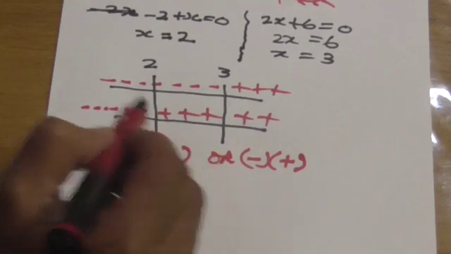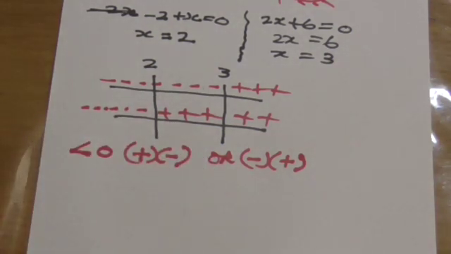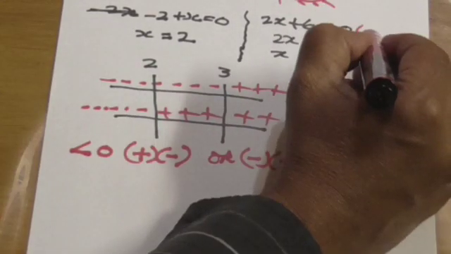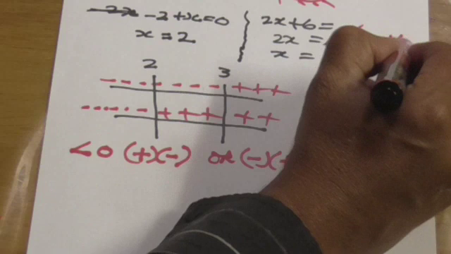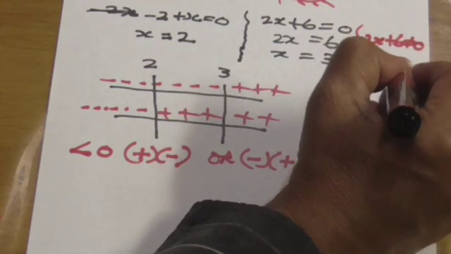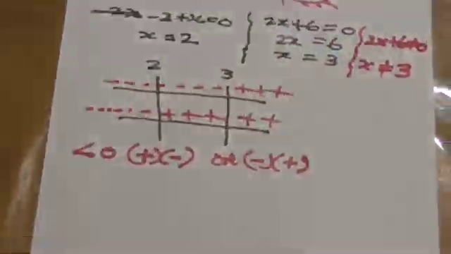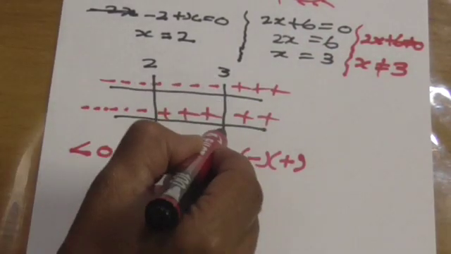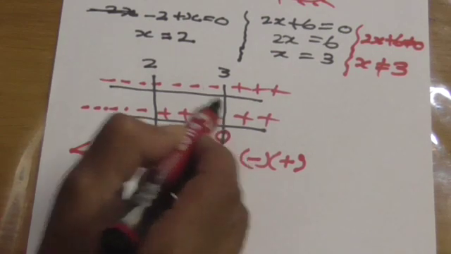Now, let's go and look at our restriction. We forgot to write that down. The restriction in this question is 2x plus 6 must not equal 0. Therefore, x must not equal 3. That's your restriction. So, x must not equal 3, so I'll place a circle there.